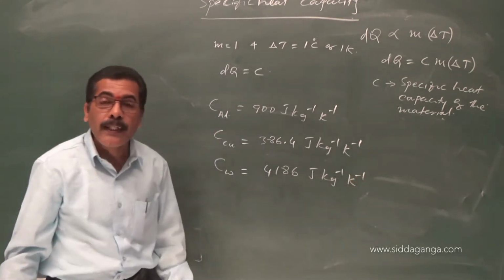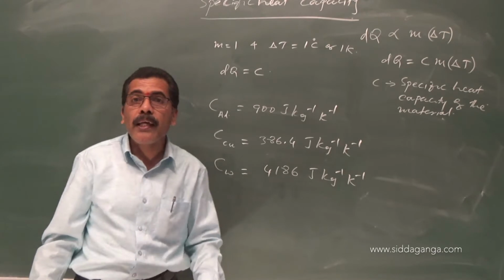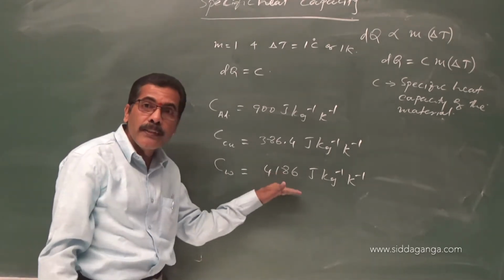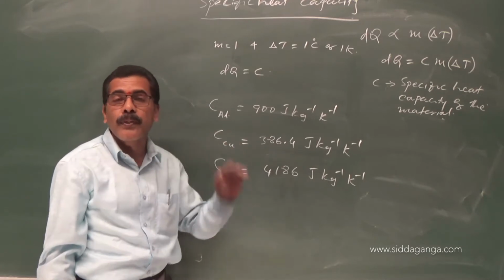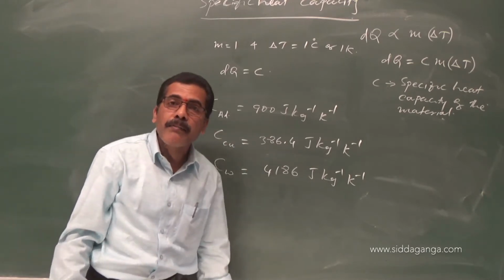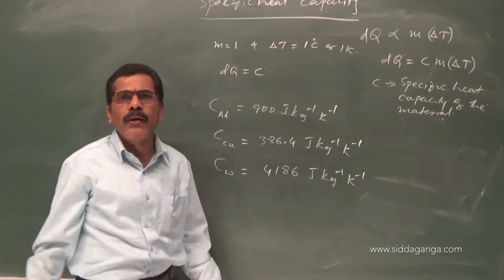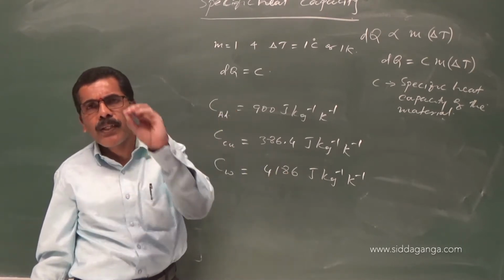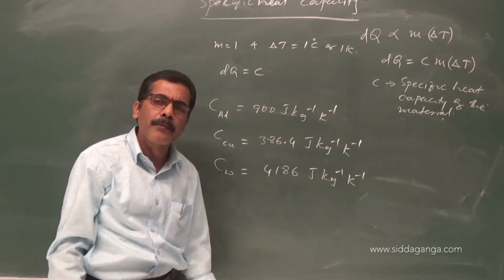To increase temperature of 1 kg of water through 1 degree Celsius, this much of heat is required. It's a very large value. Water is the liquid having the highest value for specific heat capacity, and mercury is the liquid which is having the lowest value for specific heat capacity.